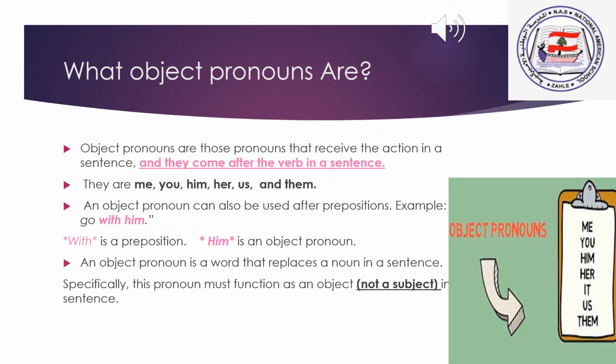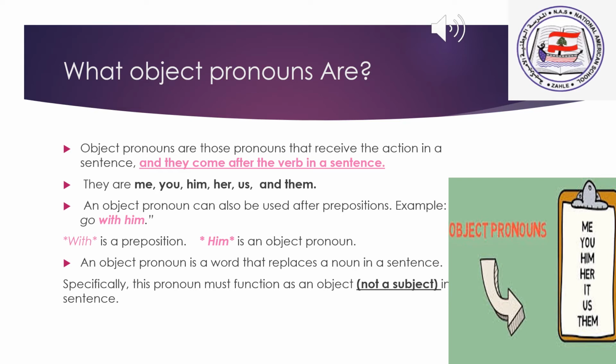Now that you know what subject pronouns are, let's take a look at object pronouns. Object pronouns are those pronouns that receive the action in a sentence and they come after the verb in a sentence. Object pronouns are me, you, him, her, us, and them.